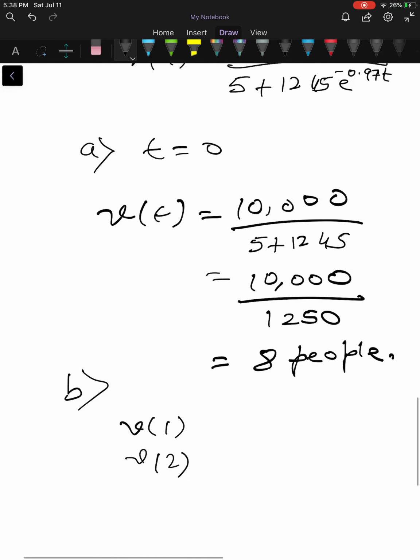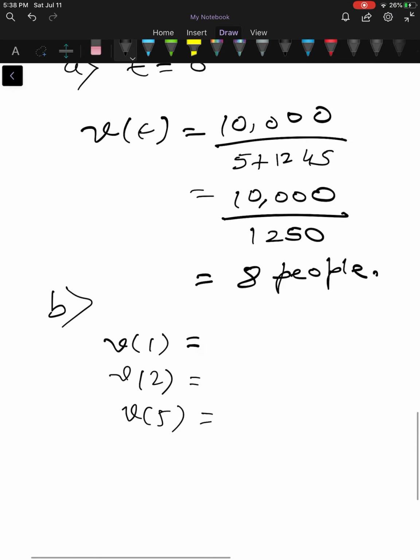So we have to calculate V of 1, V of 2 and V of 5. You can use the calculator to calculate this. Upon using the calculator, after rounding off the values, we get 21, 54 and 678.